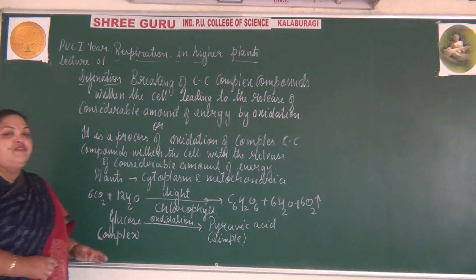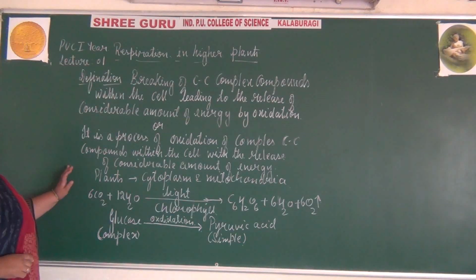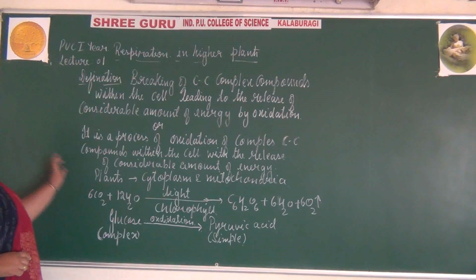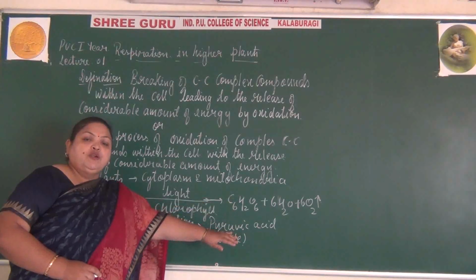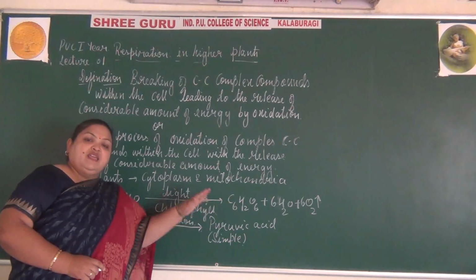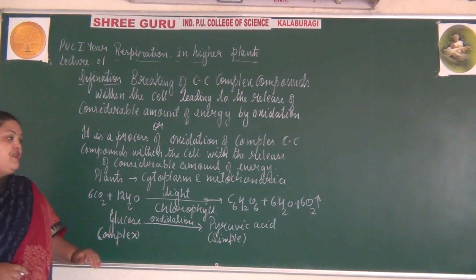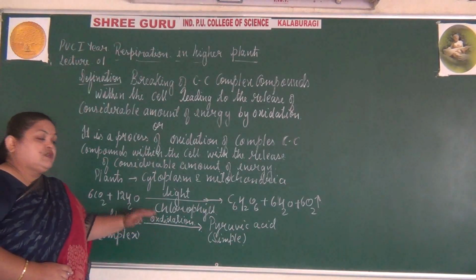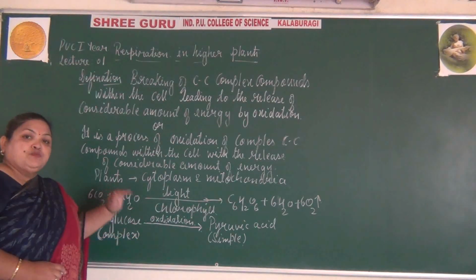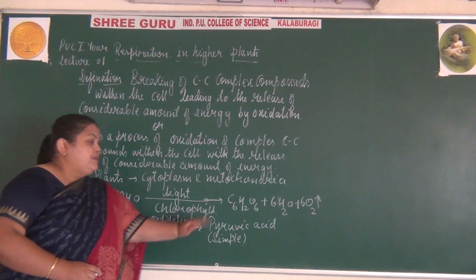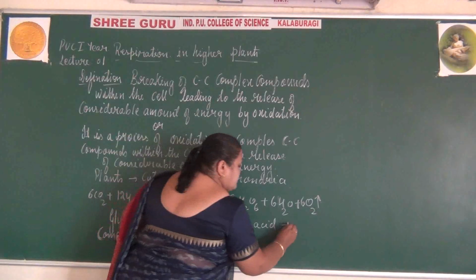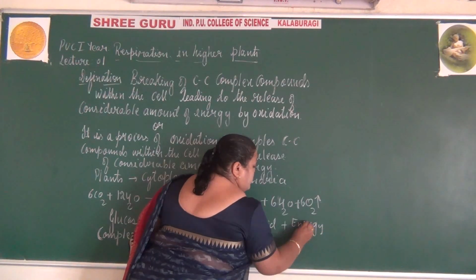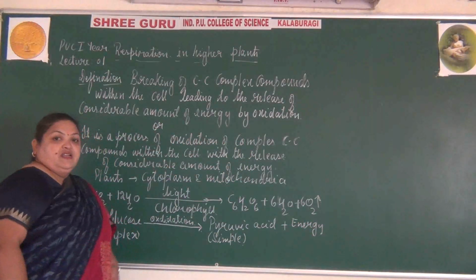So, here the definition is what? The complex compound, glucose, that is produced and stored in the plants or in the body is oxidized, and this complex compound is broken down into simple compounds with the release of energy.